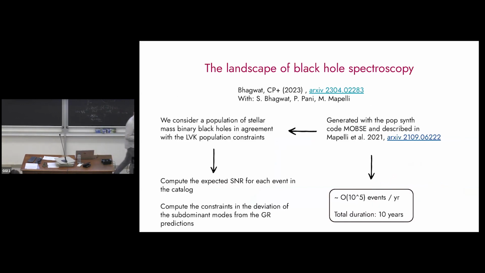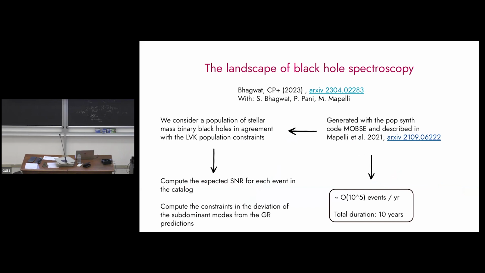So what we did, in collaboration with Paolo Panish, Shweta Bhagwat, and Michela Mapelli, was to take a realistic catalog of binary black holes, obtained from a population synthesis code from Michela Mapelli, and ask: can we simulate doing black hole spectroscopy on this catalog?